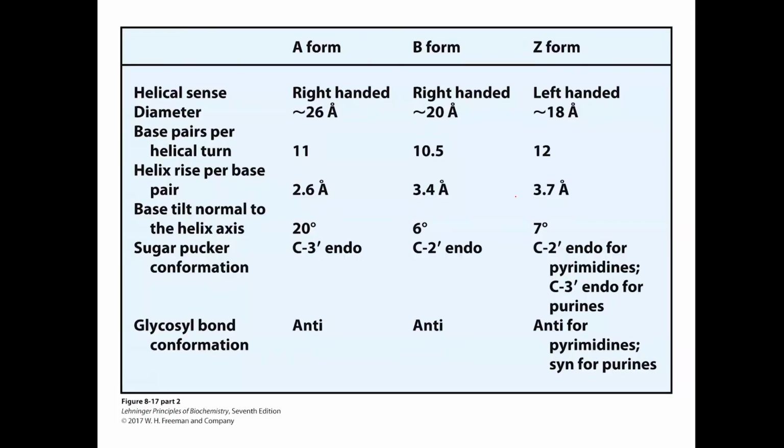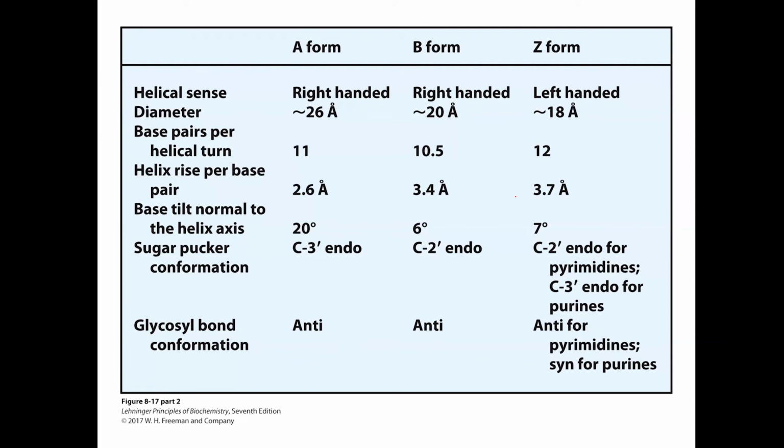Here's a table to kind of break it down. Again, A and B are both right-handed, whereas Z is a left-handed rotation. And the amount of bases, the amount of these nucleotides in a turn differs between the three forms as well. Only slightly, you can see A has 11, B has 10.5, and Z has 12, the most.